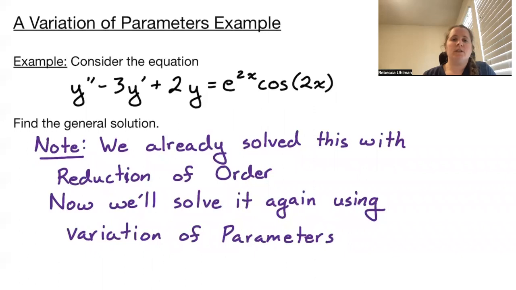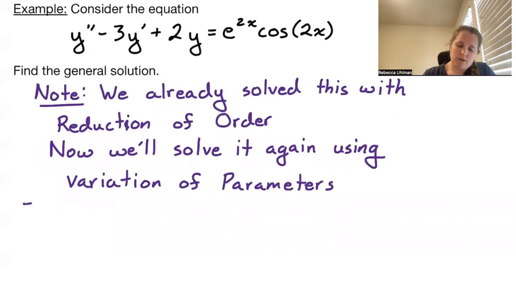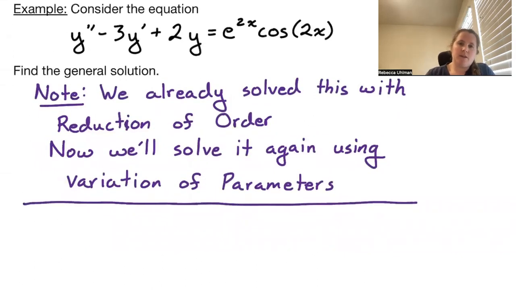When we do variation of parameters, the very first thing we should do is find the homogeneous general solution.